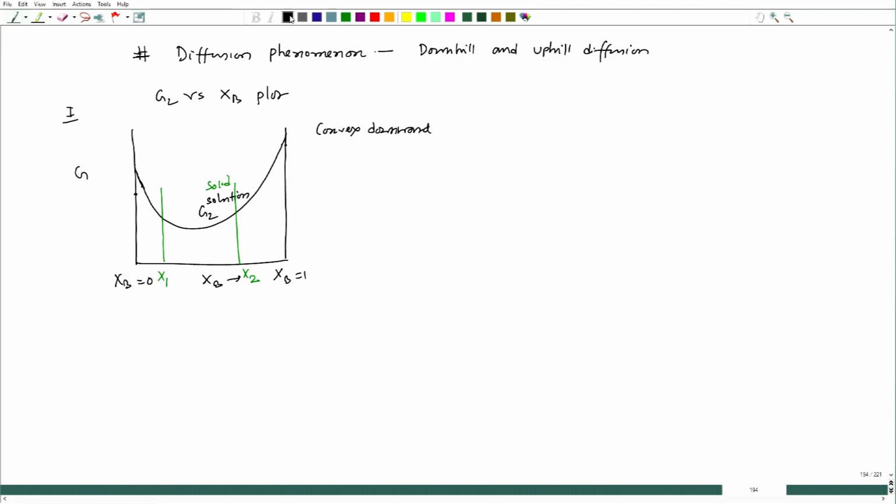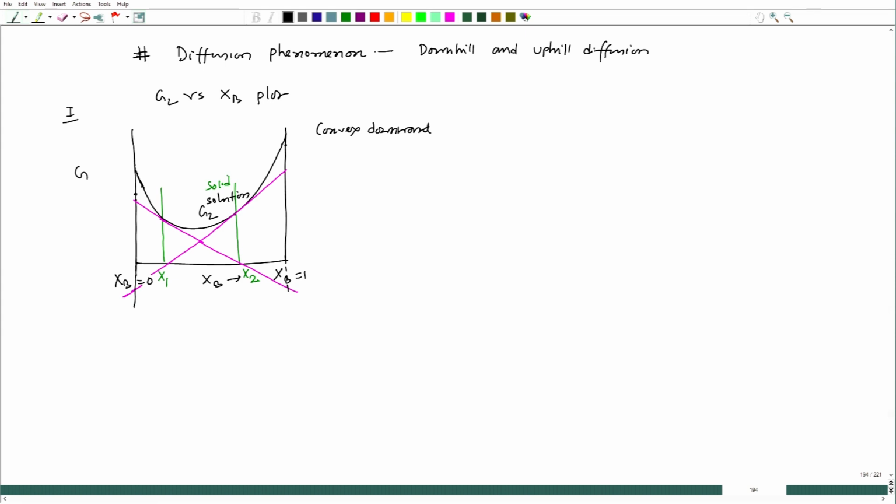For that, the first thing we need to do is draw the common tangent at those alloy compositions. One common tangent passes through this, and I extend it. Another common tangent goes through this, and I extend it too.